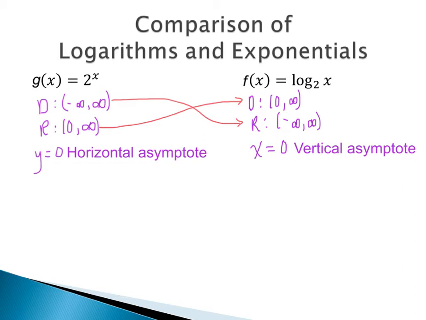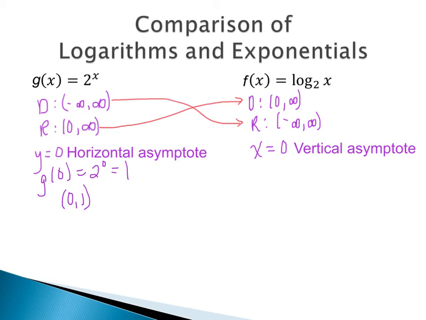Another property that we had with our exponential function was if we were evaluating g of 0, this would be having 2 to the 0, and 2 to the 0 was 1, which means that the point 0, 1 is always on the graph of our exponential function 2 to the x, and really for all of our b to the x.